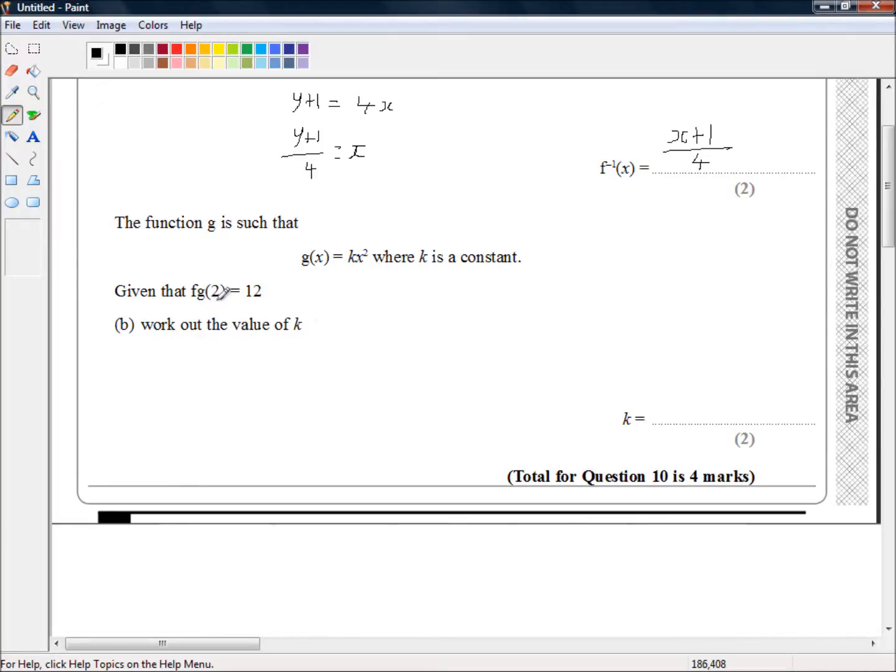Okay then, so fg of 2 is just another way of writing f of g of 2, which is equal to 12. So now what we need to do is figure out what f of g of 2 is. So I will do g of 2 is equal to, so that's kx squared, so that's k times 2 squared, which is 4k.